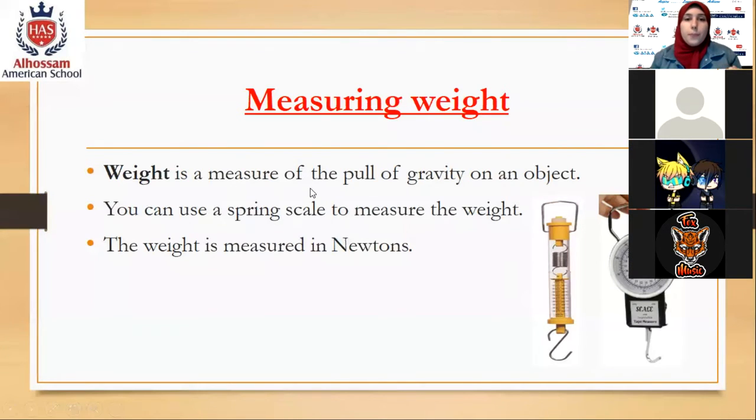Weight is a measure of the pull of gravity on an object. Let me tell you something. If we go up into space, to the moon, for example, you all know that there is no gravity in space, right? Because the gravity is here on Earth, on this planet. So if we go to the moon, do you think that we will have weight, or the same weight that we have here on Earth?